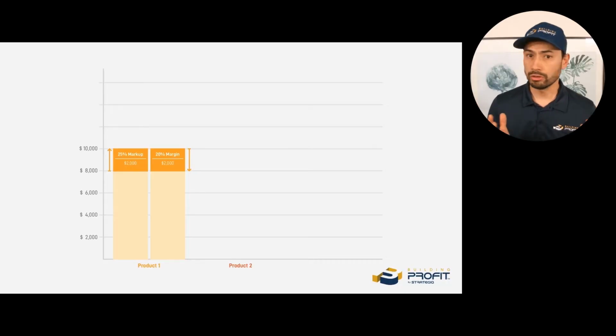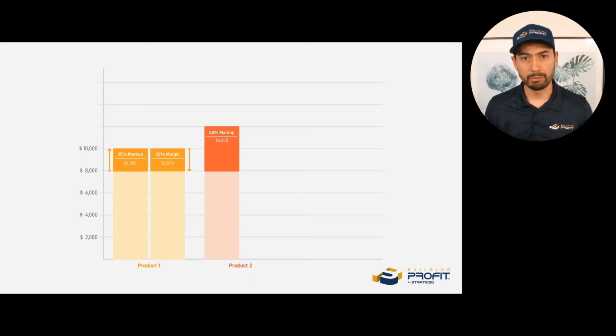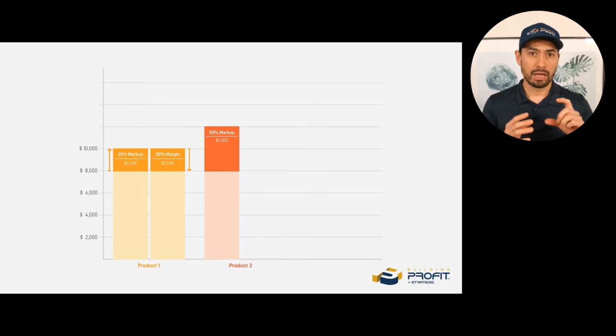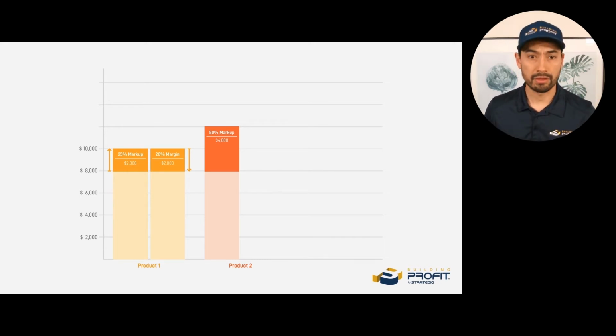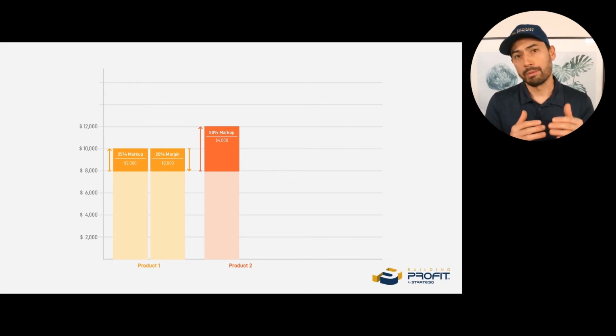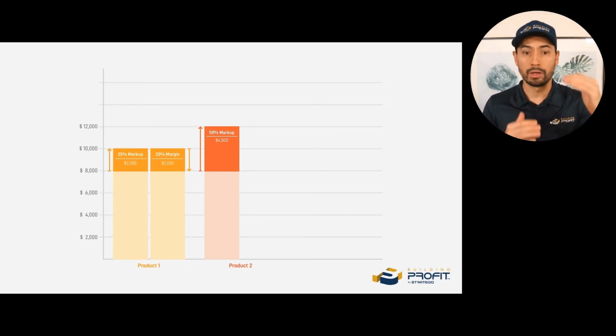Just to make sure it's totally clear, let's do it with another product, okay? So let's say the product is the same thing, it's a cost of $8,000, but this time we're going to put a 50% markup on it. So a 50% markup when we look at an $8,000 product is actually $4,000, so we're going to put $4,000 on top of the $8,000, which is going to give us $12,000 in this case. So again, the markup is putting a percentage on top of the cost price.